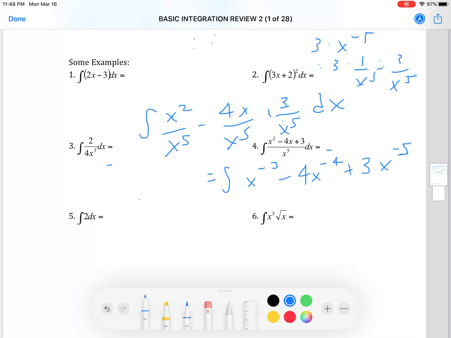Sometimes I get students that make algebra mistakes of this nature, and this keeps them at the 3 out of 4 level. So just make sure that you're good with these properties of exponents.